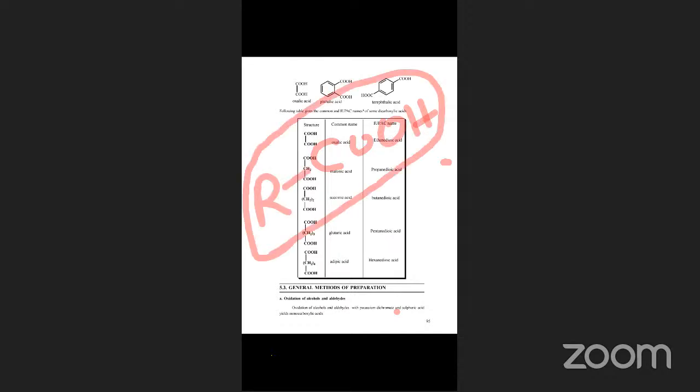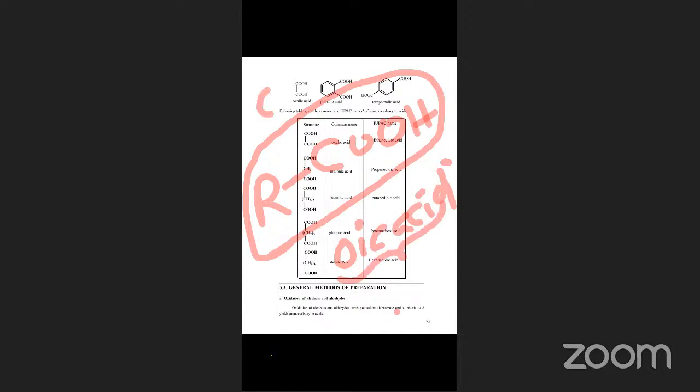Carboxylic acids. You know that COOH. RCOOH is known as the carboxylic acid functional group. The carboxylic acid name ends with oic acid. So the name ending with oic acid confirms a carboxylic acid.